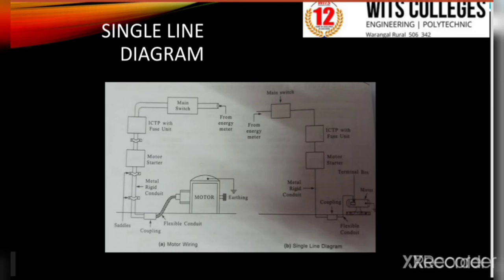Each motor has a different rating, so based on its rating we use the ICTP switch as well as the starter. We also have to use one earth wire for the earthing system, and the earth wire should be an 8 SWG GI wire.